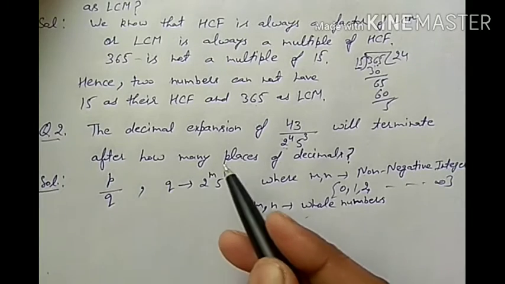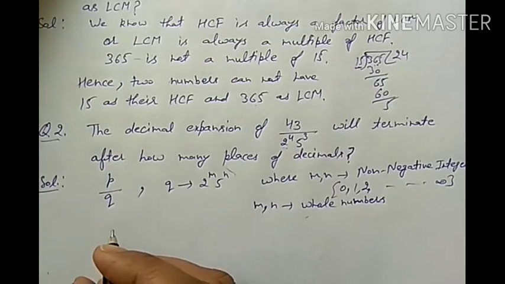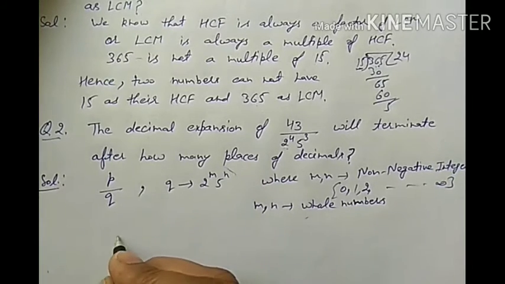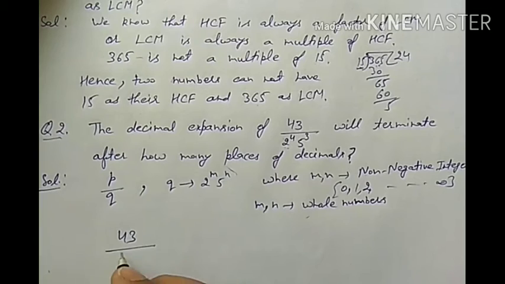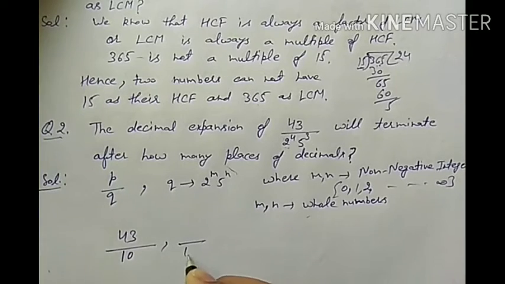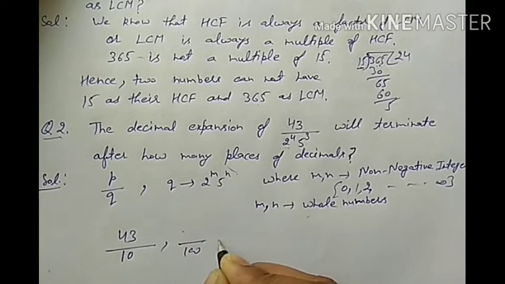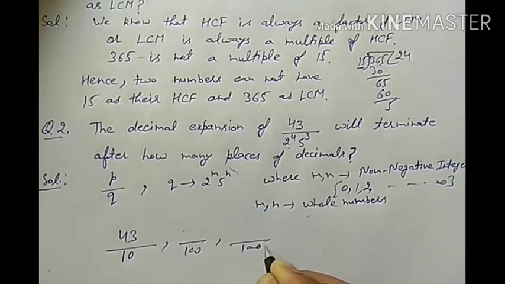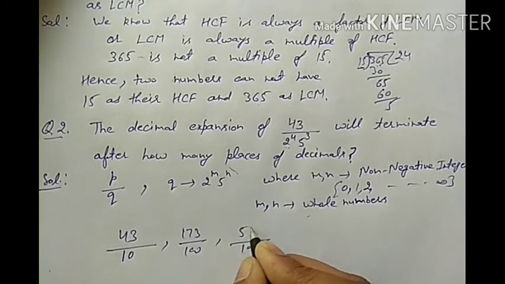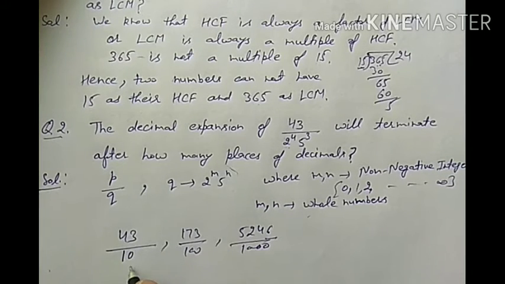But after how many places of decimals? We know that if the denominator is in the form of 10 or 100 or 1000, you can take any number in the numerator like 173, 5, 2, 4, 6, and we can easily convert into decimal expansion.